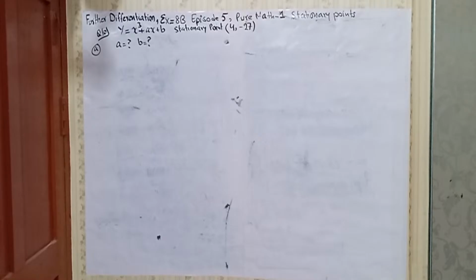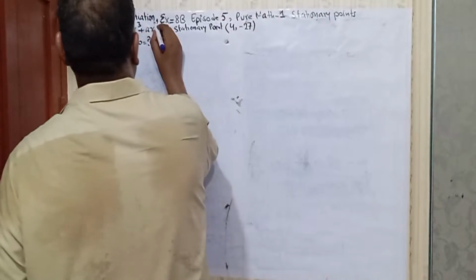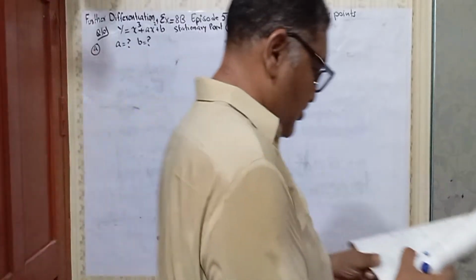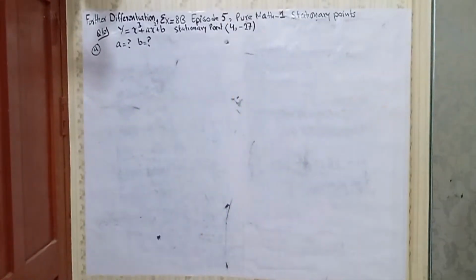In the question, it says the curve y equals x cubed plus ax squared plus b has a stationary point at (4, -27). Find the value of a and the value of b. This is part a. So we have to find the value of a and the value of b.